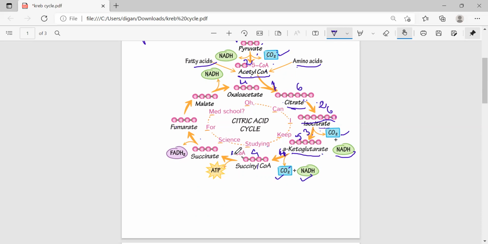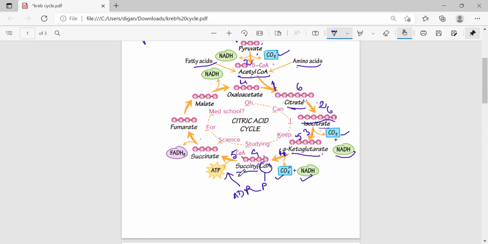Now come to the fifth step of the cycle. In the fifth stage, the coenzyme A of succinyl coenzyme A is replaced by a phosphate group, which is then transferred to ADP and used to make ATP.